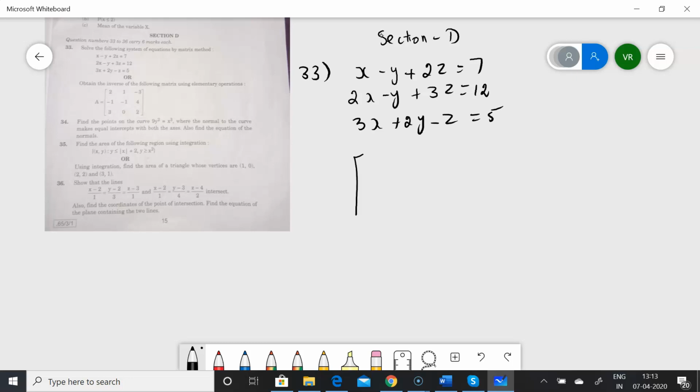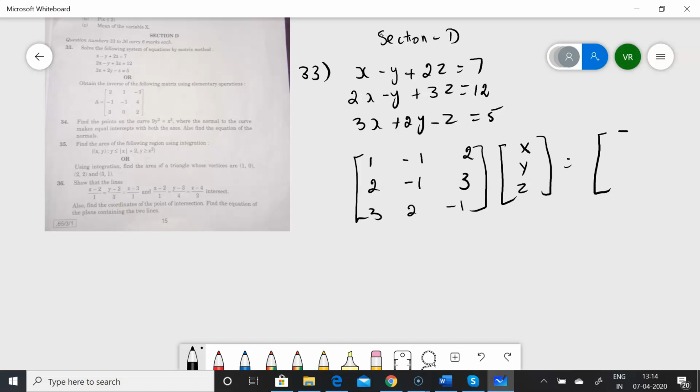Now I can rewrite this as the matrix 1, minus 1, 2; 2, minus 1, 3; 3, 2, minus 1 times x, y, z is equal to 7, 12, 5.